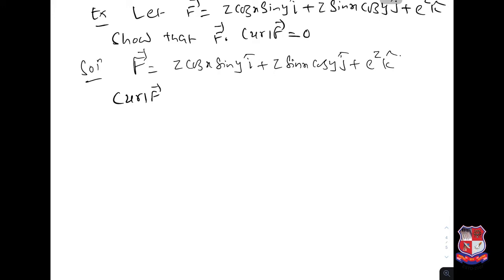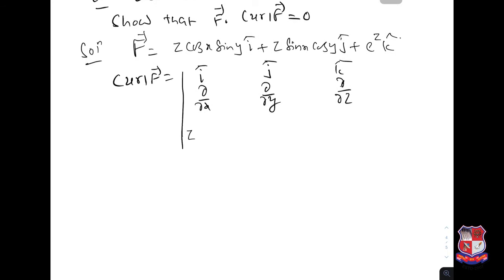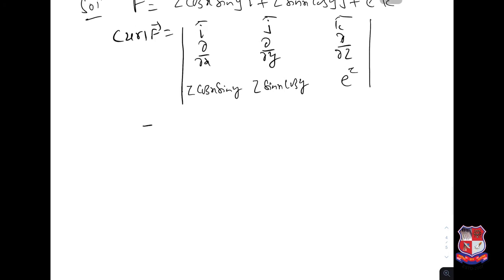So curl of f equals the determinant with i, j, k; del by del x, del by del y, del by del z; z cosine x sin y, z sin x cosine y, and e power z.